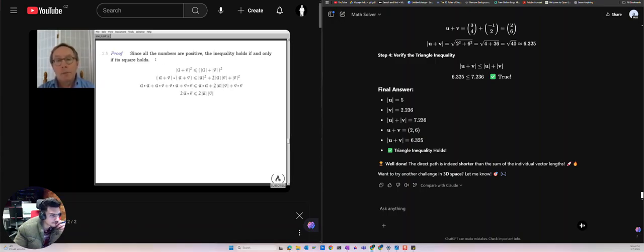So because all of the numbers are positive, I can square both sides here, and I don't have to worry about changing the direction of the inequality.